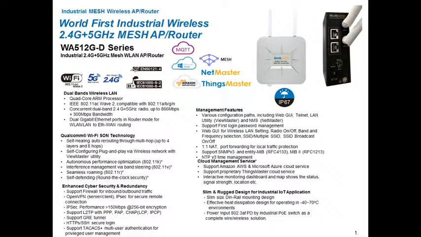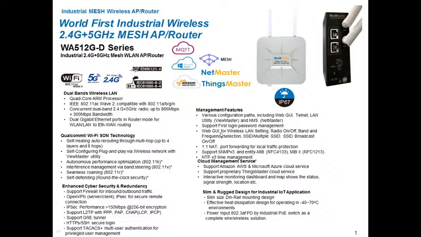Before diving into the Wi-Fi mesh, please let me show you the Wi-Fi mesh wireless access point router WA512GM series. Now, we have 2 models. One is for indoor, another one is for outdoor, supporting IP67 protection, so that we can fit into different environments. We are using the Qualcomm solution, dual band.